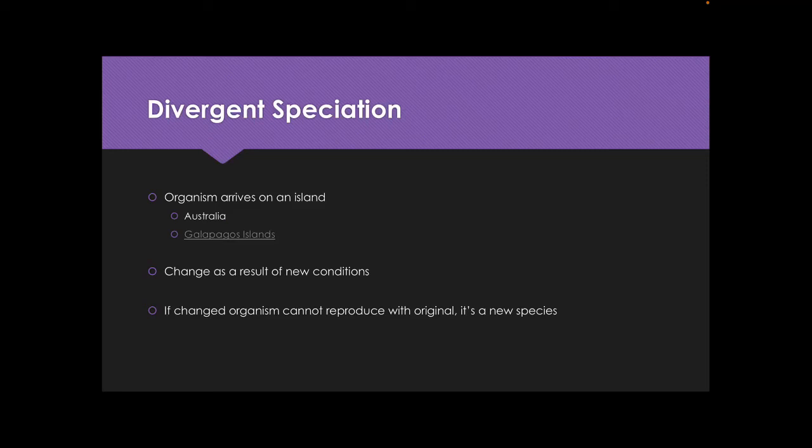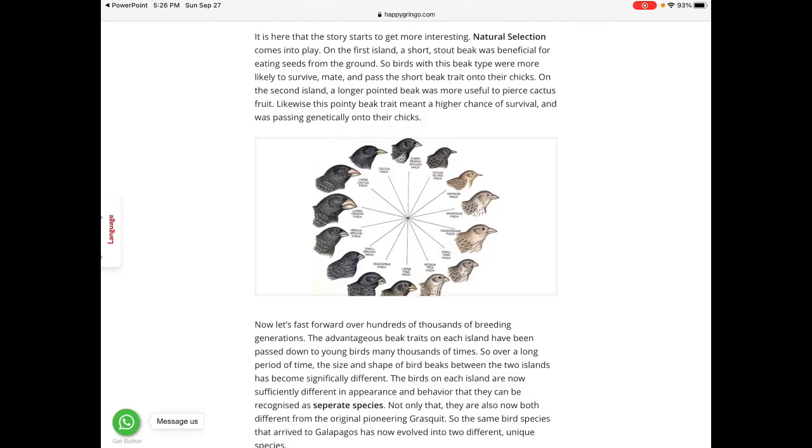Say, for example, an organism arrives on an island, say the island of Australia. That's why Australia has so many really weird or cool things. Or the Galapagos Islands. So we know that when Darwin arrived to the Galapagos Islands, he was looking at these finches. And all of these finches originally came from a small group of finches that arrived on the Galapagos Islands, and we're not really sure when, thousands and thousands of years ago.